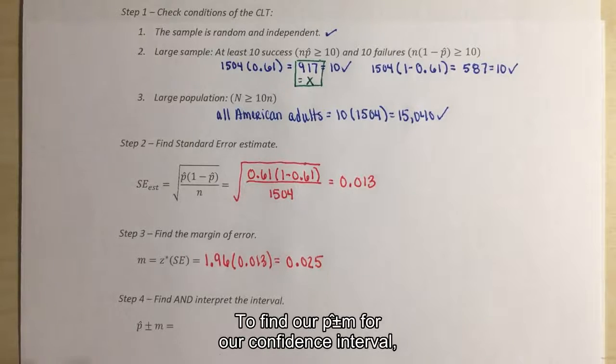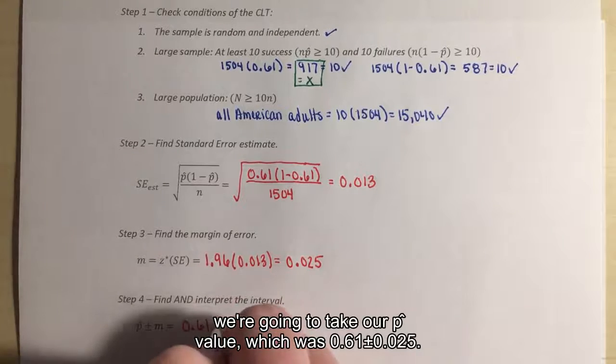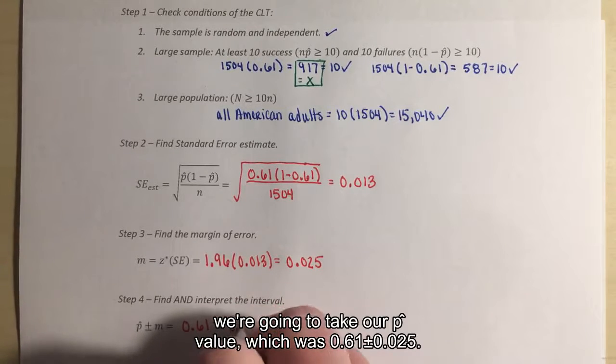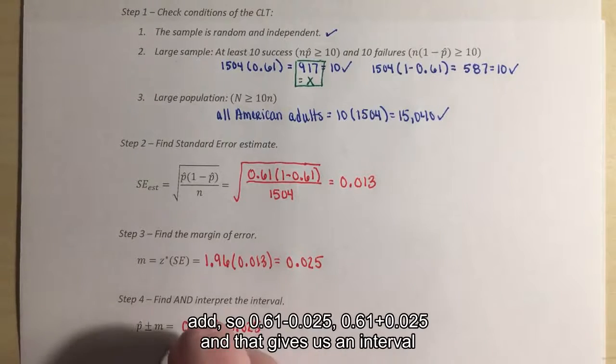To find our p hat plus or minus m for our confidence interval, we're going to take our p hat value, which was 0.61, plus or minus 0.025. Again, we subtract first and then we add.